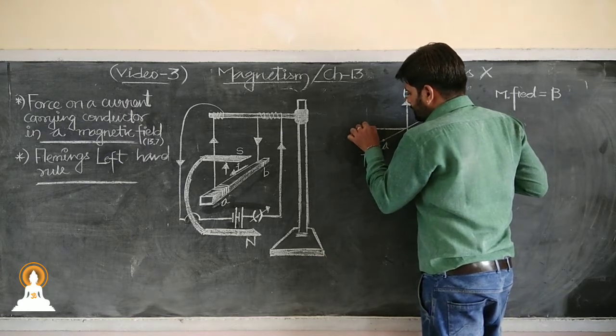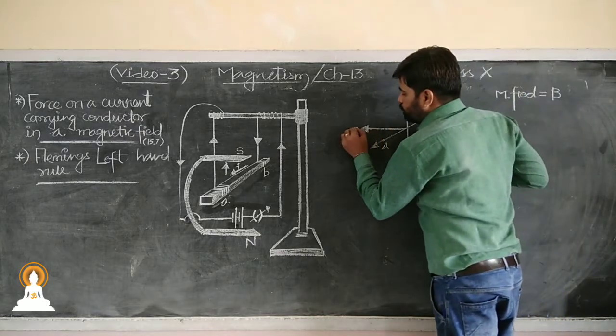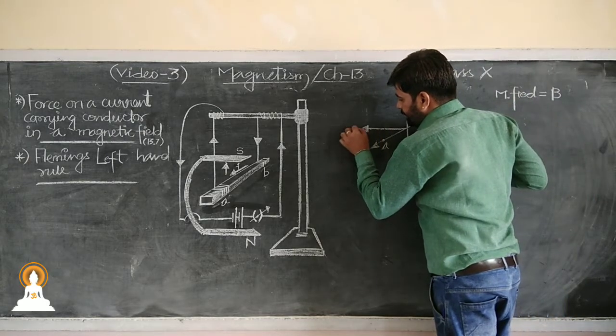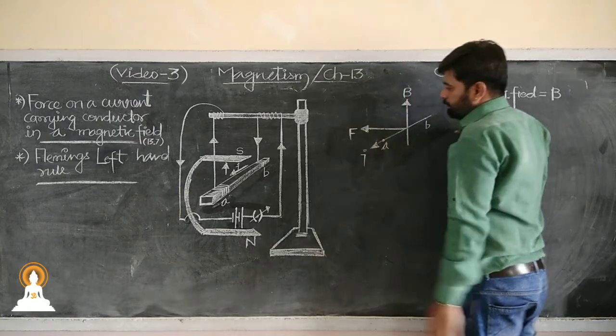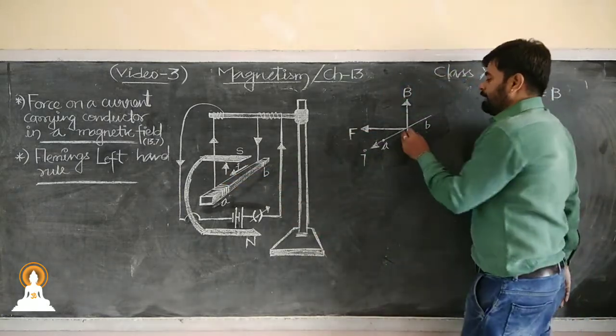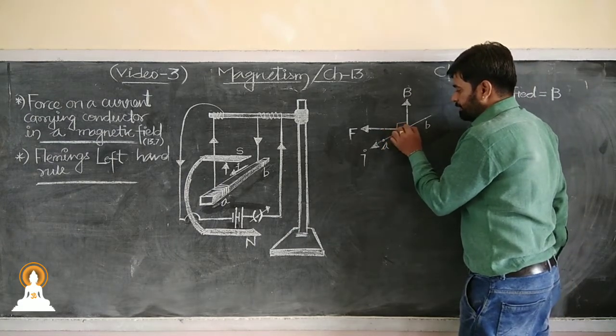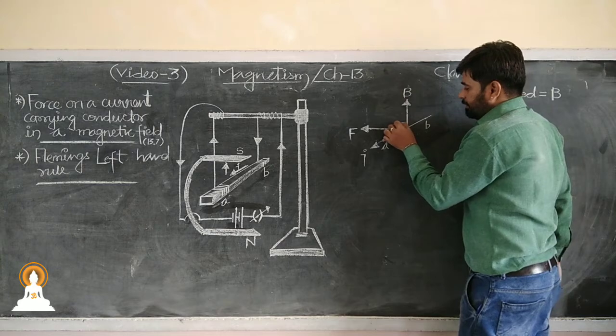When the current is coming out of the plane and the magnetic field is in the upward direction, a force is exerted on the rod towards the left. These are both at 90 degrees.